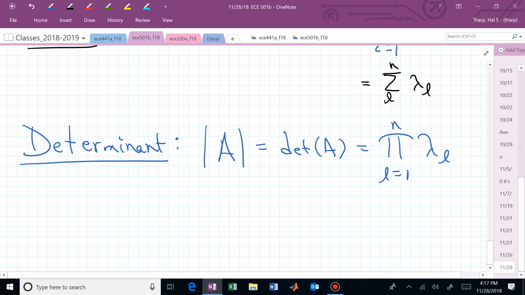And if you recall from linear algebra, the determinant expression is kind of involved, but here we're saying if you do have those eigenvalues, then you can write down the determinant of that matrix as the product of those eigenvalues.